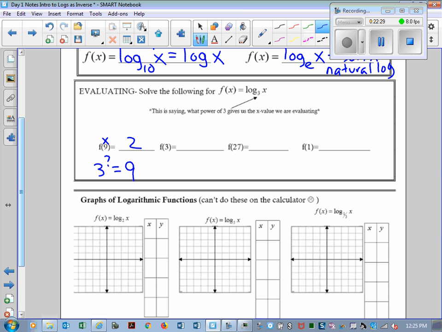There's your answer. Okay. So here, 3 to what power equals 3? 1. And 3 to what power equals 27? 3. And 3 to what power equals 1? 0. Oh, that wasn't so bad. Right?